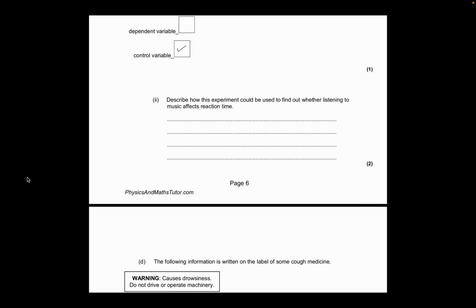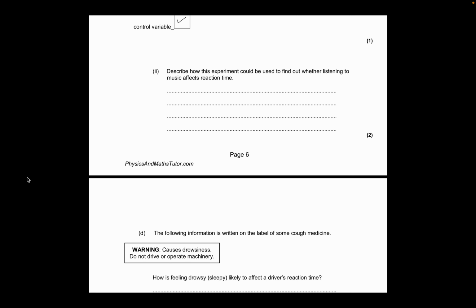Describe how this experiment could be used to find out whether listening to music affects reaction time. What you can mention for 2 points would be that the experiment is done and the student listens to music, slash using an iPod.